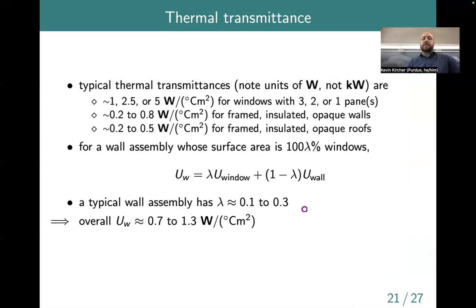So I'll show some pictures of what this looks like in a sec, but a typical value of this lambda, the weight that shows up in this weighted average or mixture formula, is typically between 10 and 30%. So if you look at this wall and eyeball the area of the window to the area of the entire wall, you might get 20, 25%, something like that. And that's fairly typical for most buildings. So if you plug in typical values for windows, typical values for walls, and typical values for the wall to window ratio, you might get on the order of 1 for the overall thermal transmittance of the wall.